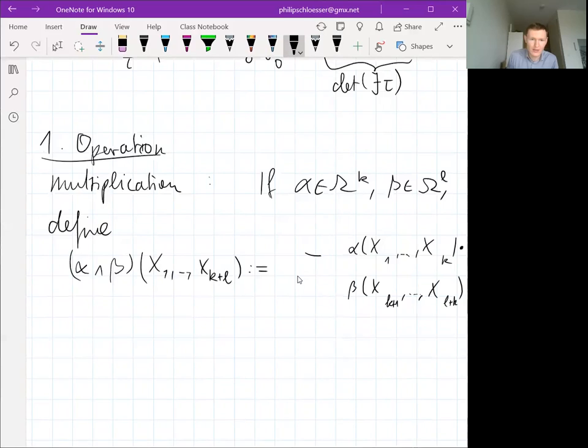Well, we can anti-symmetrize. We can just sum over all permutations and then just apply that permutation to our indices. And well, importantly, multiply by the sign of sigma in this case.